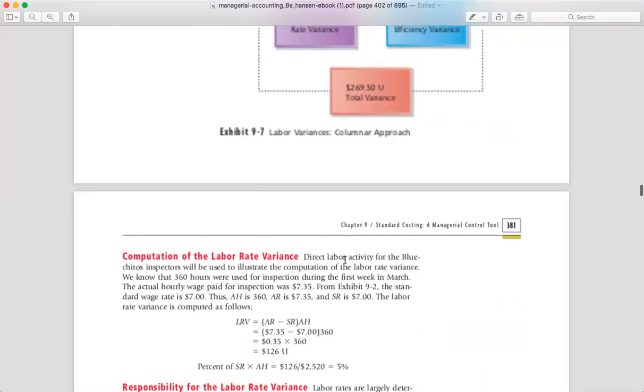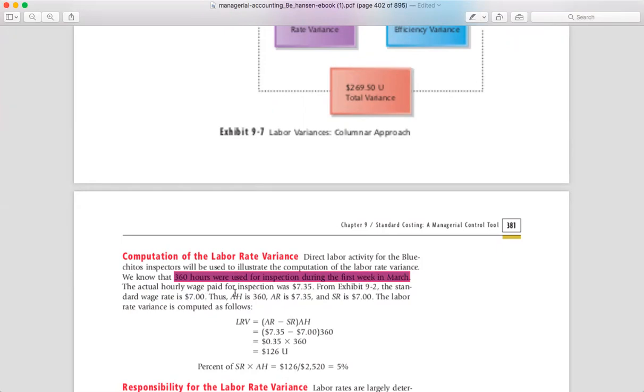For example, in here, direct labor activity for the blue Cheetos inspector will be used to illustrate the computation of the labor rate variance. We know that 360 hours were used for inspection during the first week, right? And the actual hourly wage paid for inspection is around 7.35. So the standard is 7. So the actual hour is 360, right?